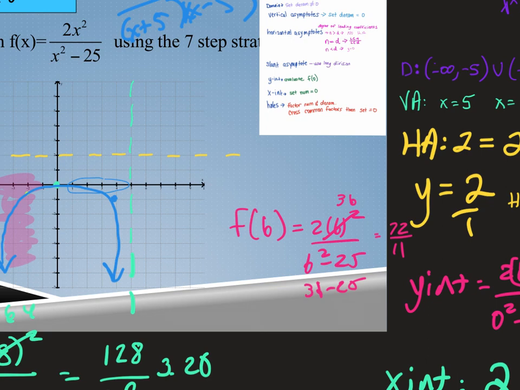Is 11 going to go into 72 more than 2 times? Yes. So that means it's somewhere up here. So where is my little boomerang going to be drawn? Somewhere up here, close to the asymptotes. That's all I need to see. I need to see that you guys are in the right area, meaning above or below the horizontal asymptote.